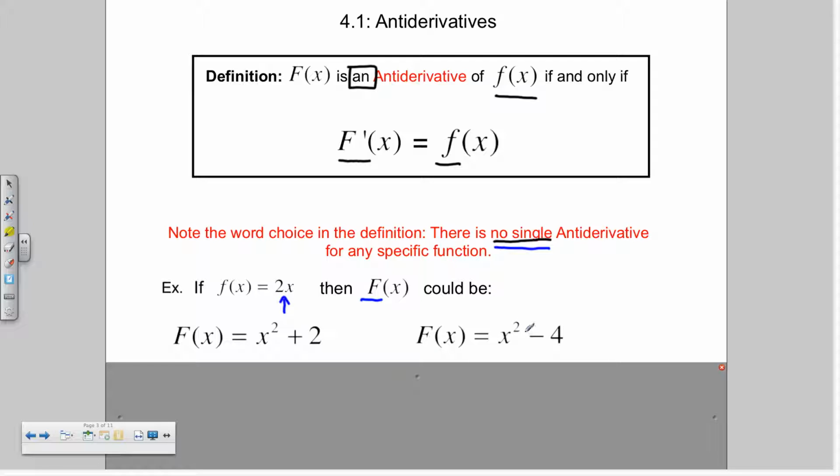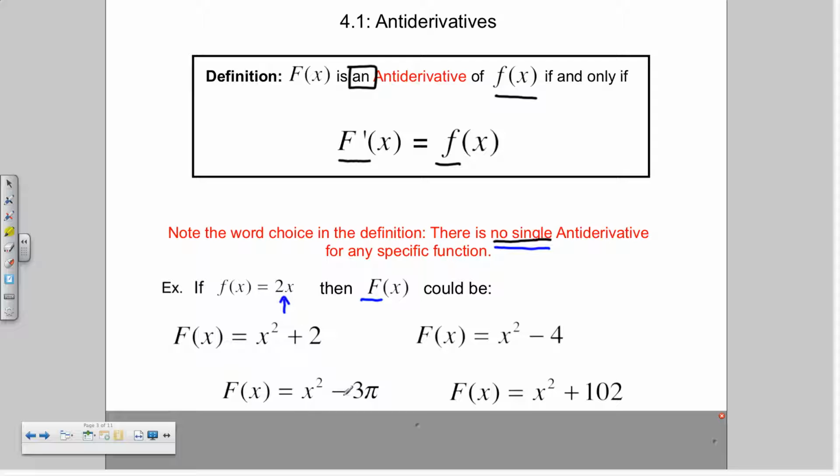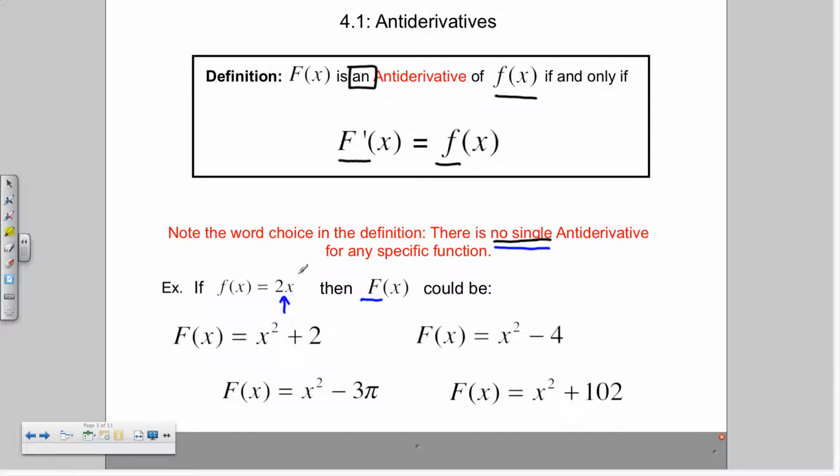Similarly with this, x squared minus 4 derived would also give us 2x, or x squared minus 3 pi, or x squared plus 102. All of these functions derived would give us 2x. But these are all different functions. They're not equal to each other, but they're all antiderivatives of the original f of x.